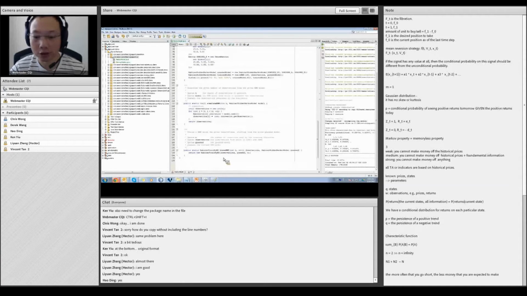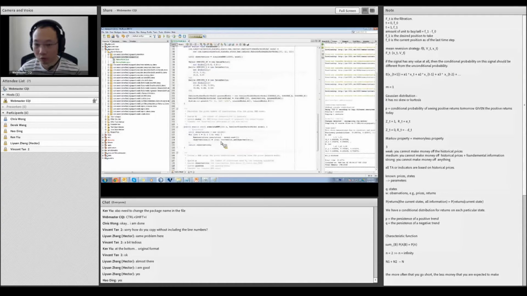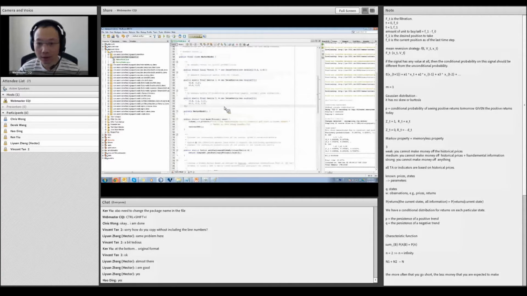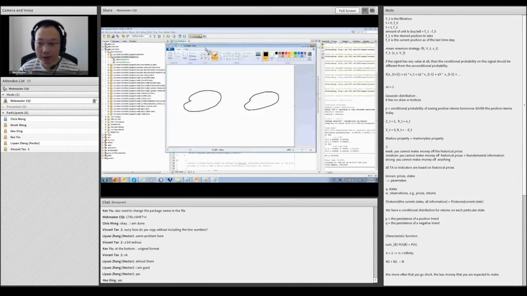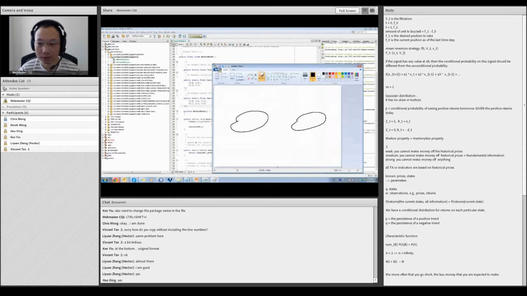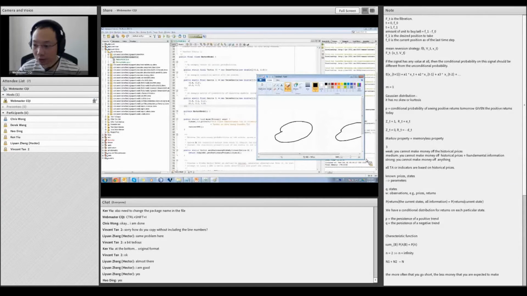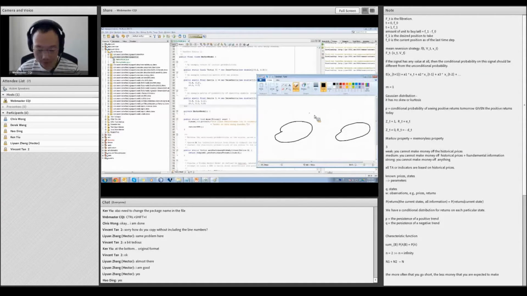So basically this is the two-state model, okay? With transition probabilities.